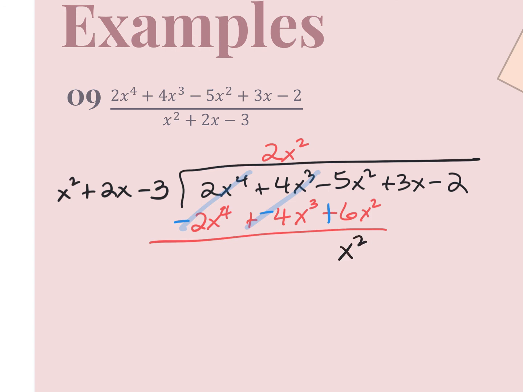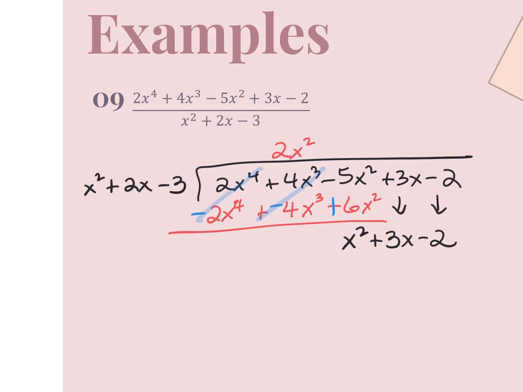Now, because I eliminated 2 numbers, I have to bring down 2. So I'm going to bring down both of these. And now I'm going to figure out what I'm going to multiply x squared by to make it x squared. I'm going to multiply it by a 1. So I'm going to put plus 1, distribute a 1, and I end up getting x squared plus 2x minus 3. Change all the signs to opposite.